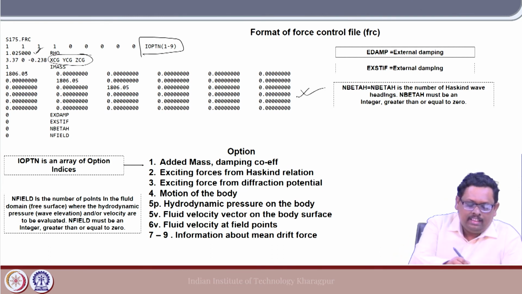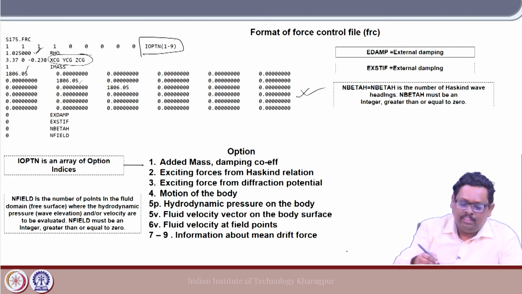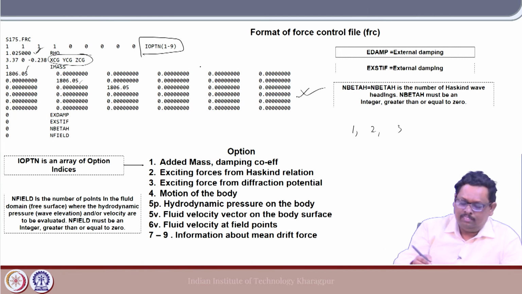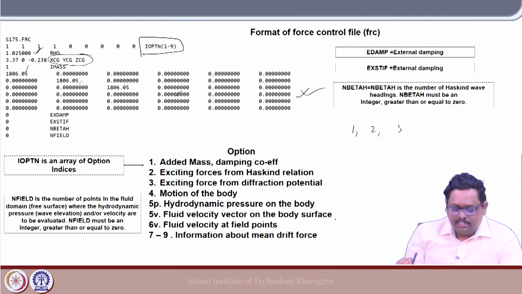Here I only consider the linear terms, 1, 2, 3, and the angular moments I just make 0. So I am not interested in those. I just give the mass matrix. It is a dummy file; if you want, you can give the other values also. Here you can take IXX, IYY and IZZ values also as input.